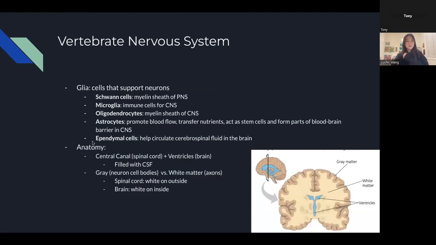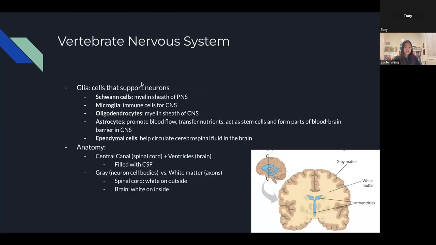Okay. The vertebrate nervous system has evolved from that, and it has glia cells which support neurons. Like I said before, Schwann cells make up the myelin sheath of the peripheral nervous system, and the microglia are the immune cells for the central nervous system.